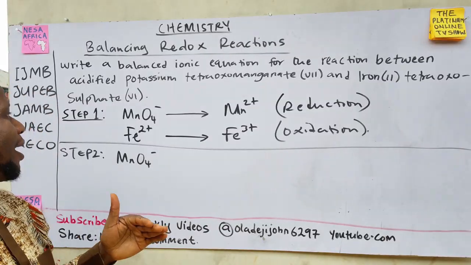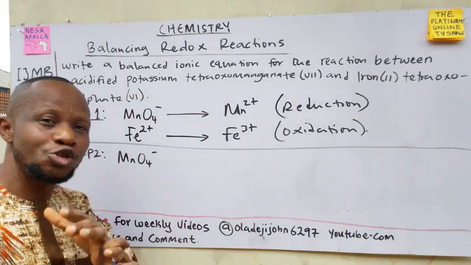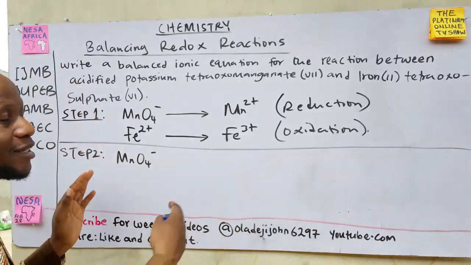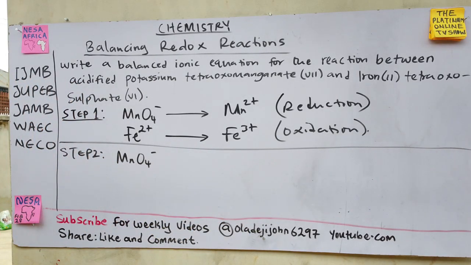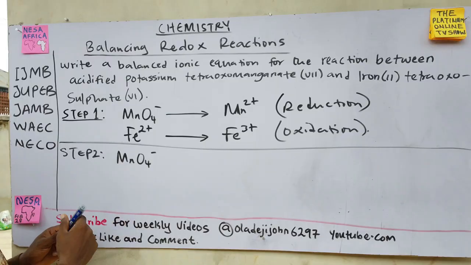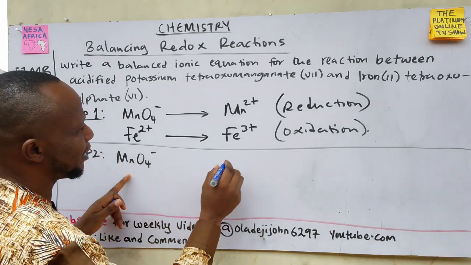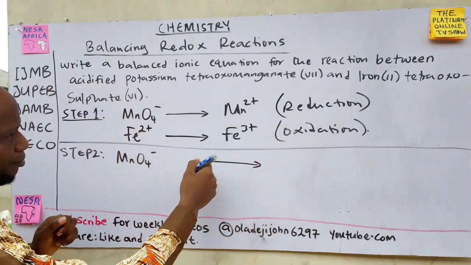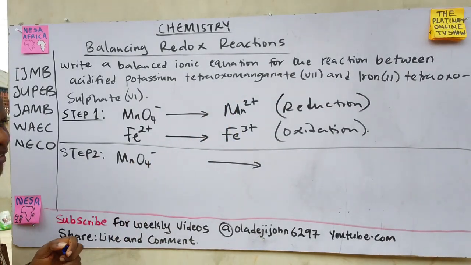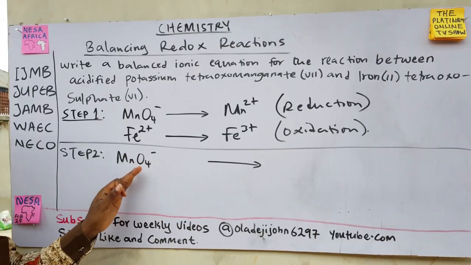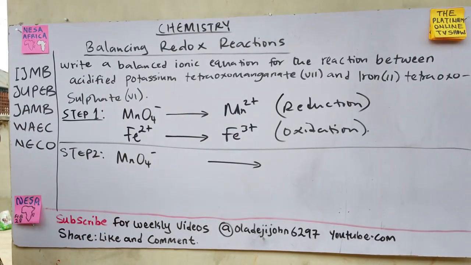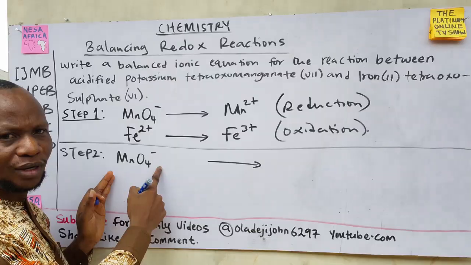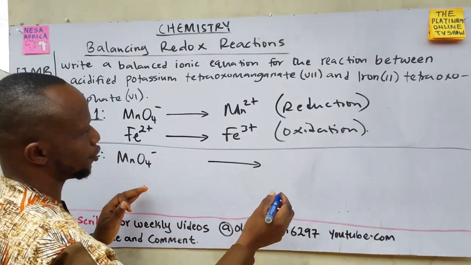That is why in this case we'll be adding hydrogen ions and water to balance the equation. Here MnO4⁻ should be producing Mn²⁺, but what are the other additions to this?